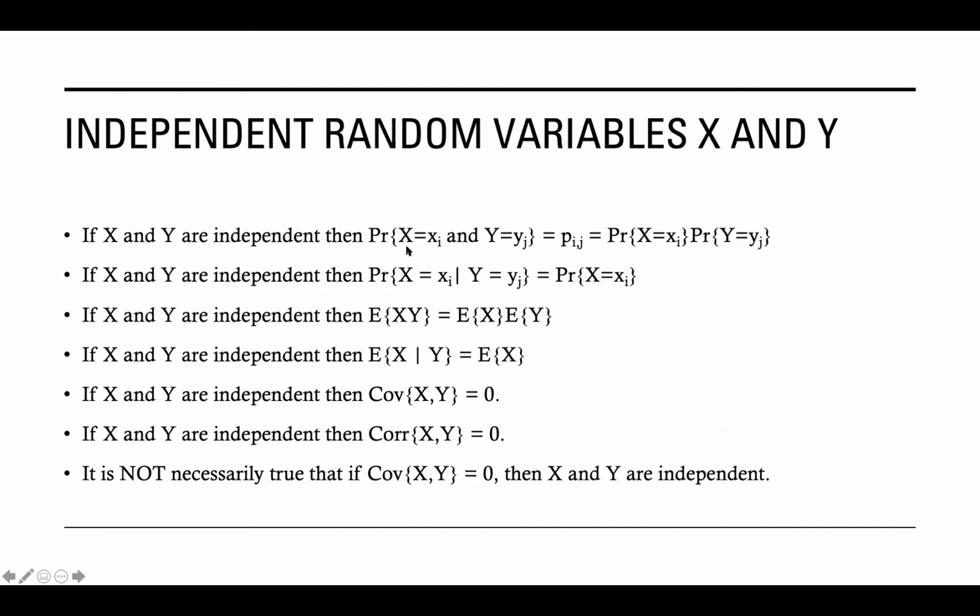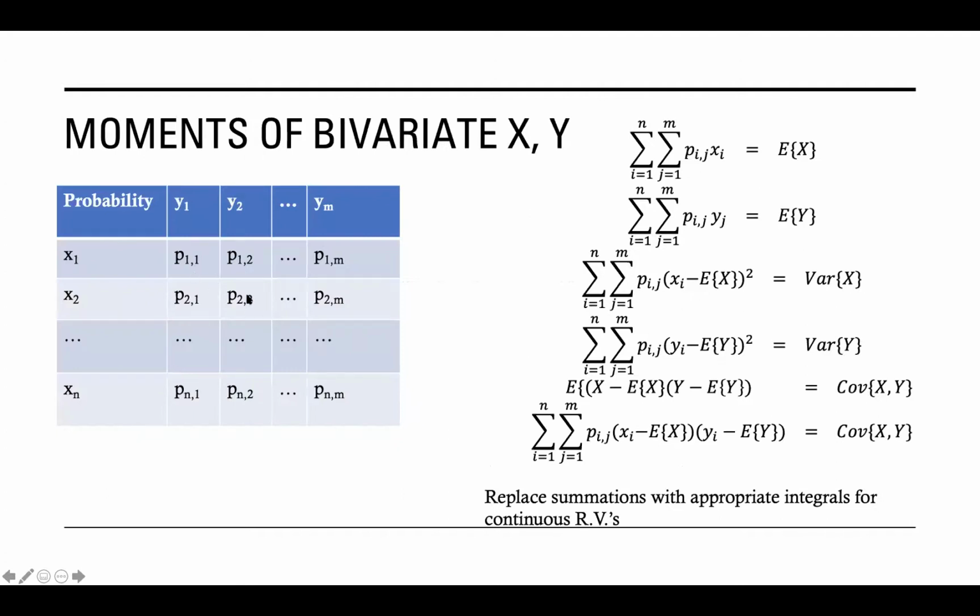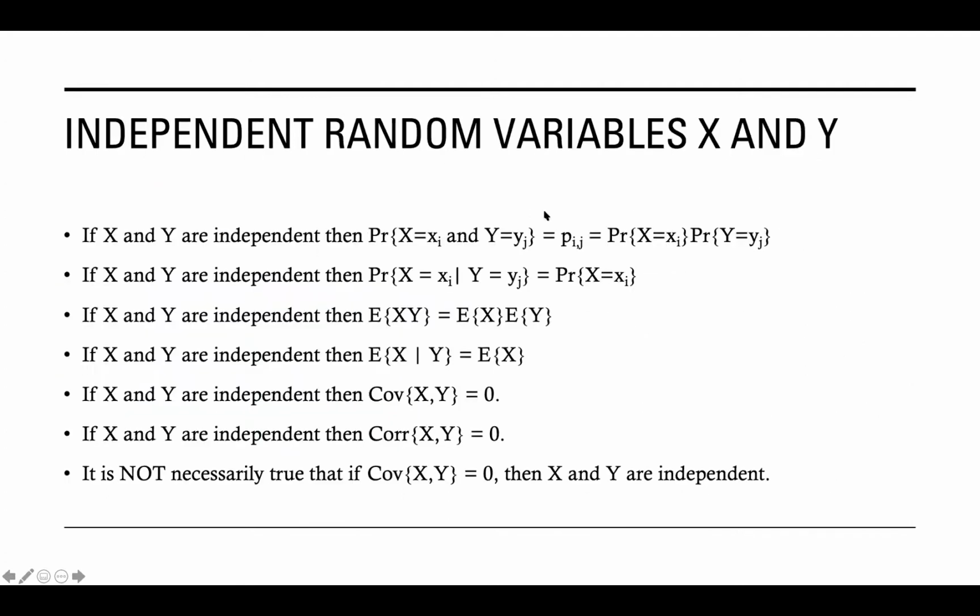If the probability that X equals Xi and Y equals Yj, the probability of both those events happening, that's that probability Pij we defined in the previous picture, turns out to equal the probability X equals Xi times the probability Y equals Yj for all i's and j's.